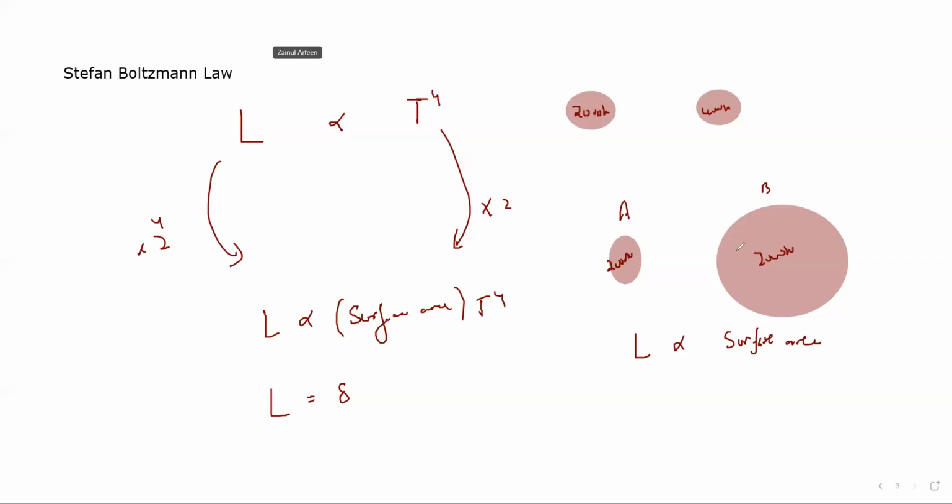How do we find the surface area? Because stars are spheres, the area of a sphere is 4 pi r squared. So L equals sigma, the Stefan-Boltzmann constant, times 4 pi r squared times T to the power 4.